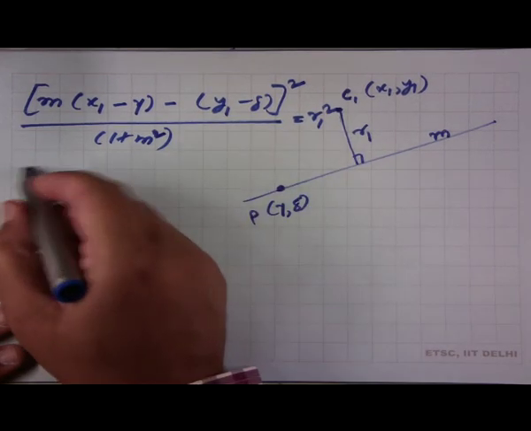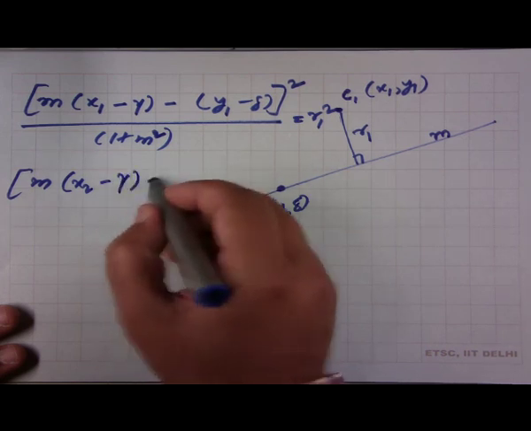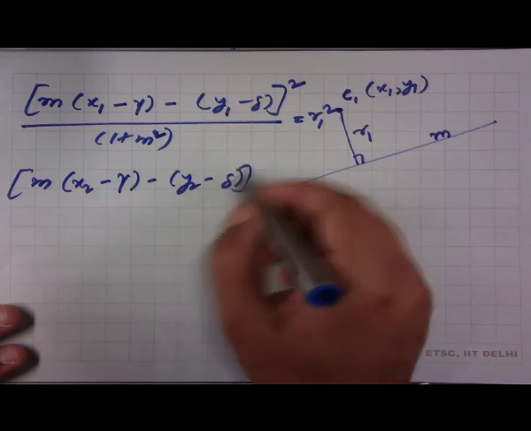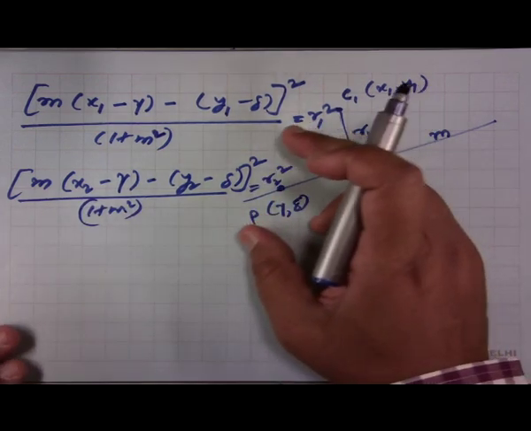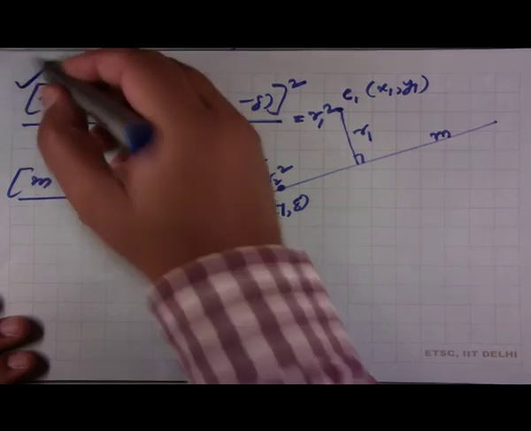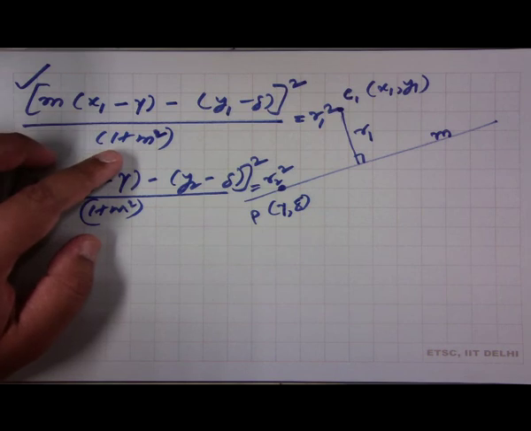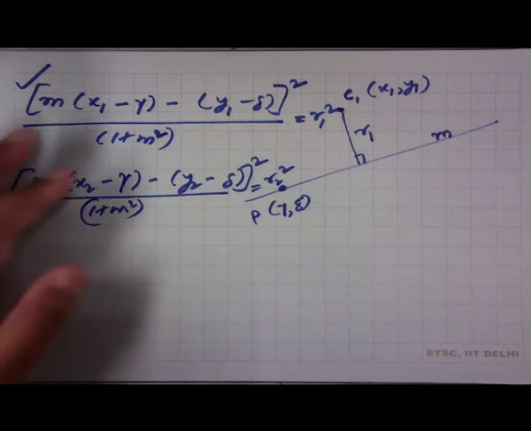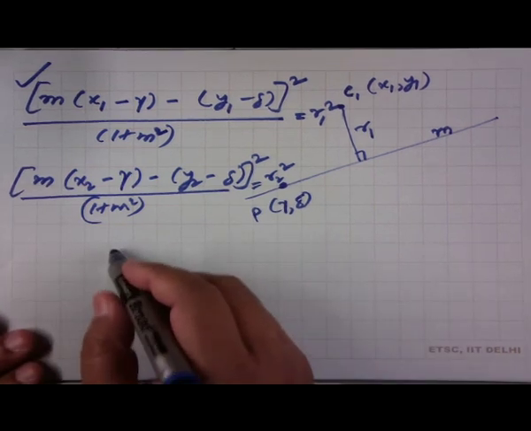So, the other equation that we will be getting is for the second circle, which is this equation, equal to r2 square, but then it can be shown that these two are nothing but one and the same, and therefore, we will proceed only with one of the equations, and when we solve this equation we will again get an equation which is quadratic in m, which means that there will be two roots, both will be real valued roots, and therefore, we will get two different equations for the transverse common tangent.